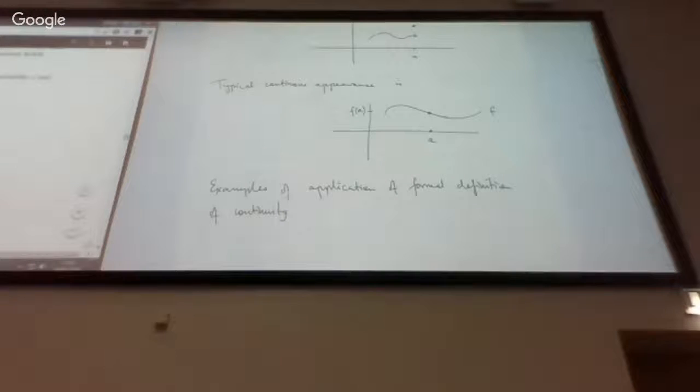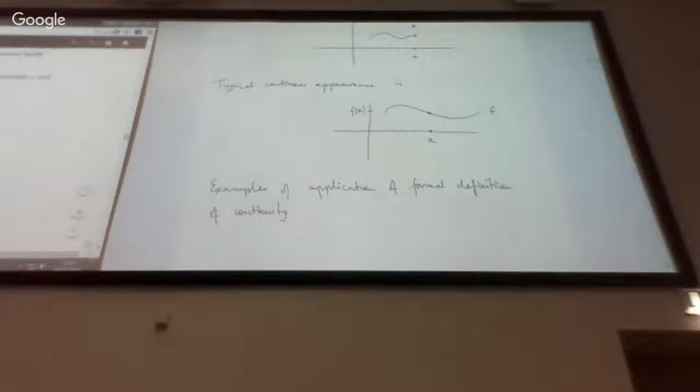Then the value f of x lies inside the epsilon interval around f of a. So x minus a being less than delta implies that the absolute value of f of x minus f of a is less than epsilon.